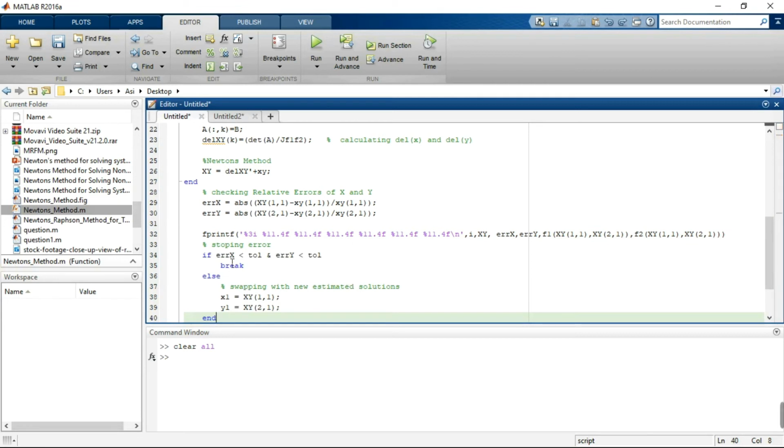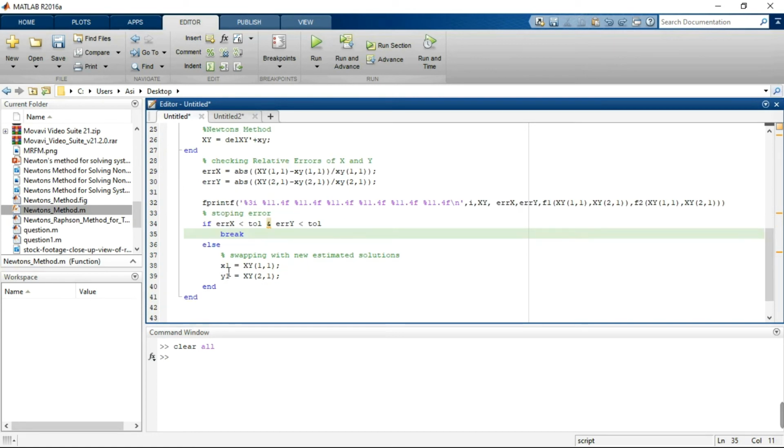When the error in x is less than the given tolerance and the error in y is less than the tolerance, then it will break the for loop. Else, x1 and y1 will be swapped with the new estimated solution that we have calculated using Newton's method, and this will continue until this condition is true, and the error in x and error in y are less than our given tolerance.